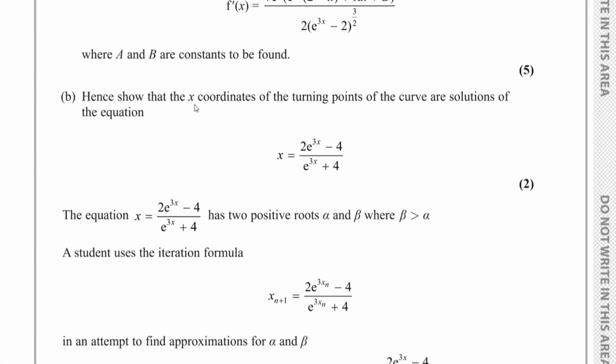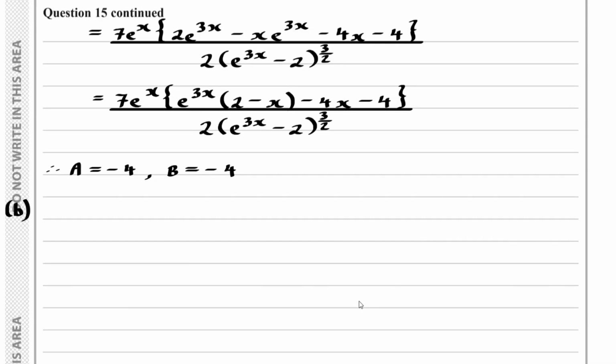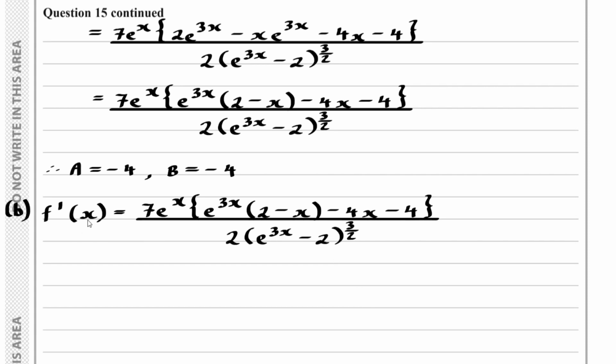Part B, hence show that the x-coordinates of the turning points of the curve are solutions of the equation x = (2e^(3x) - 4)/(e^(3x) + 4). What I need to do for part B, I've got f'(x), which is shown here, and because I'm considering the x-coordinate of the turning points, I need to set f'(x) equal to 0.